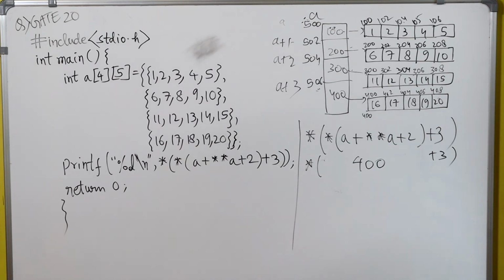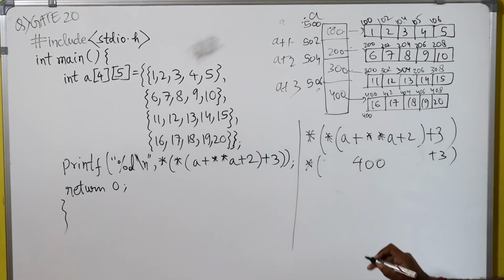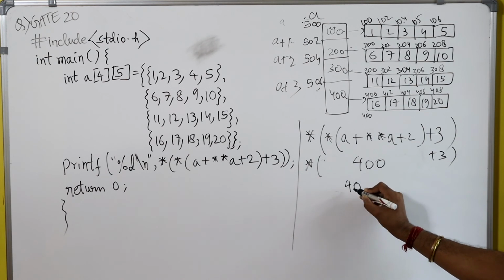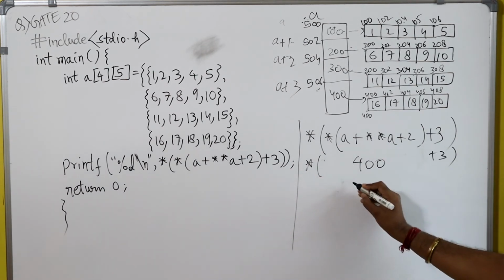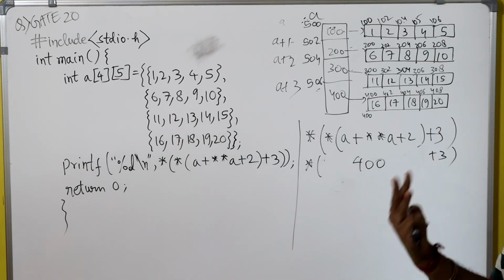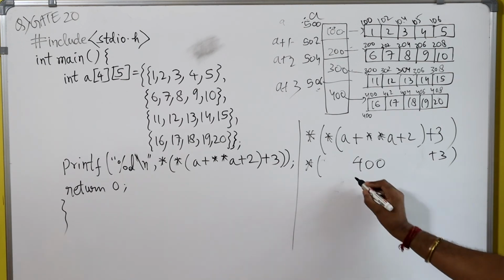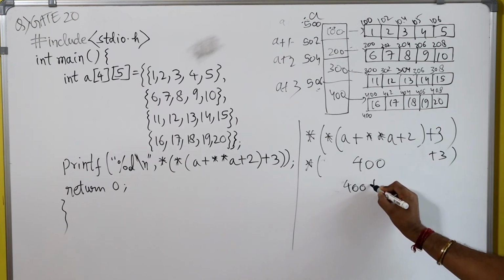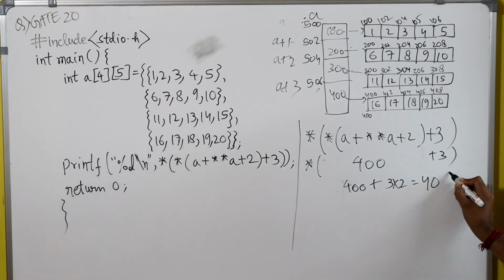Got it? Let me tell you once again. This is 400 plus 3. So 400 plus 3 means what? It's not merely 403, because each integer is taking 2 bytes of space. So 400 plus 3 into 2, that is 406.